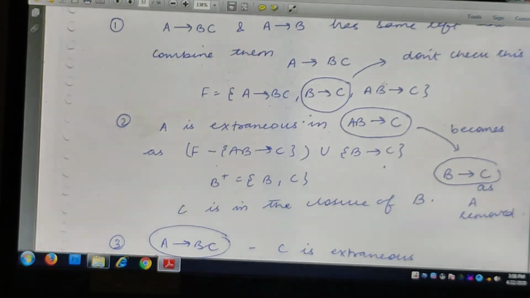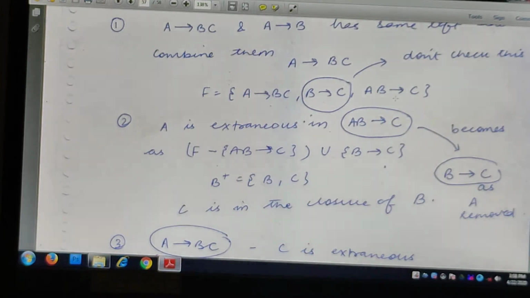So I can easily remove this extra attribute a, because if I remove a, it is not going to change the closure of b. C can be easily determined using b, then why do we need a? A is not required, because c is dependent only on b. So we will remove a here and it will become b to c.